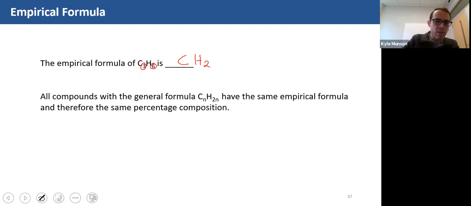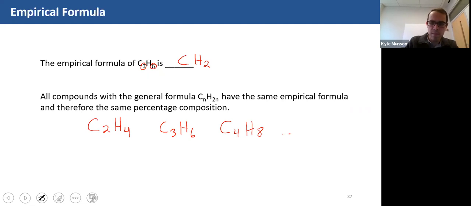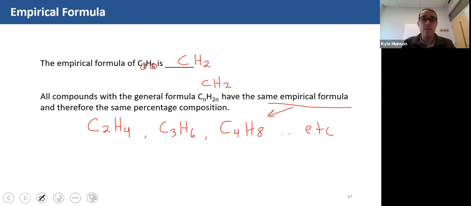In other words, all of these: C2H4, C3H6, C4H8, etc. These all have the same empirical formula of this CH2. That's the building block.